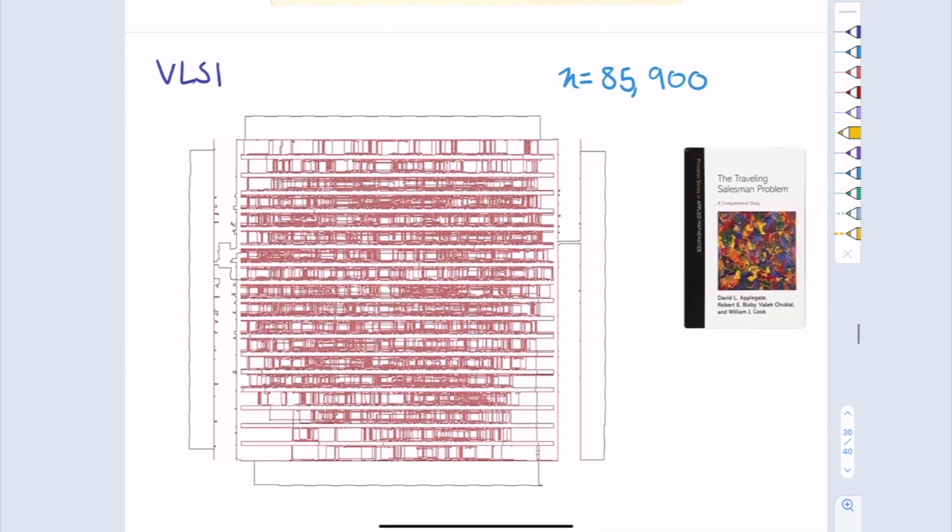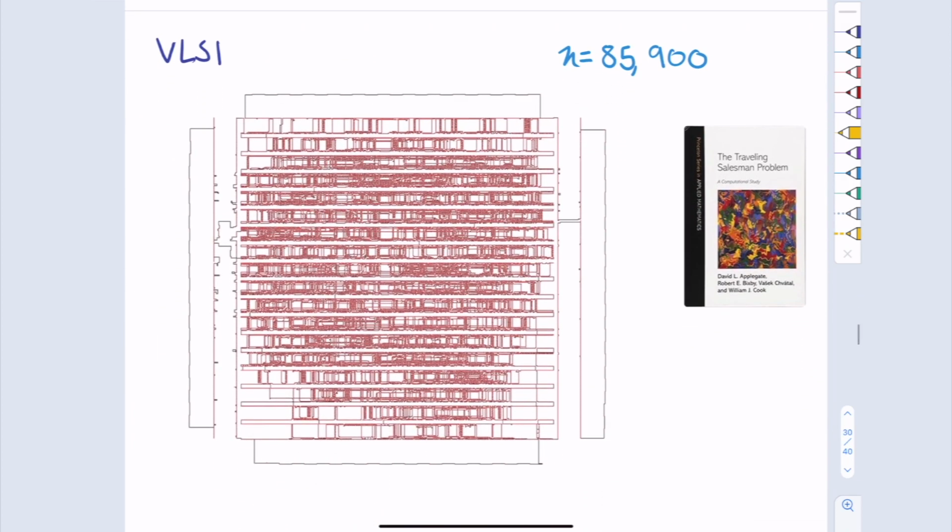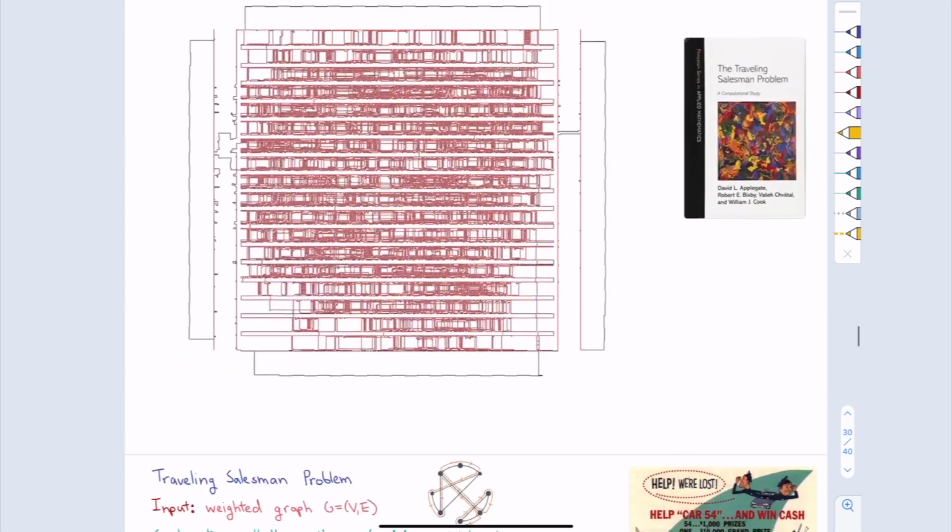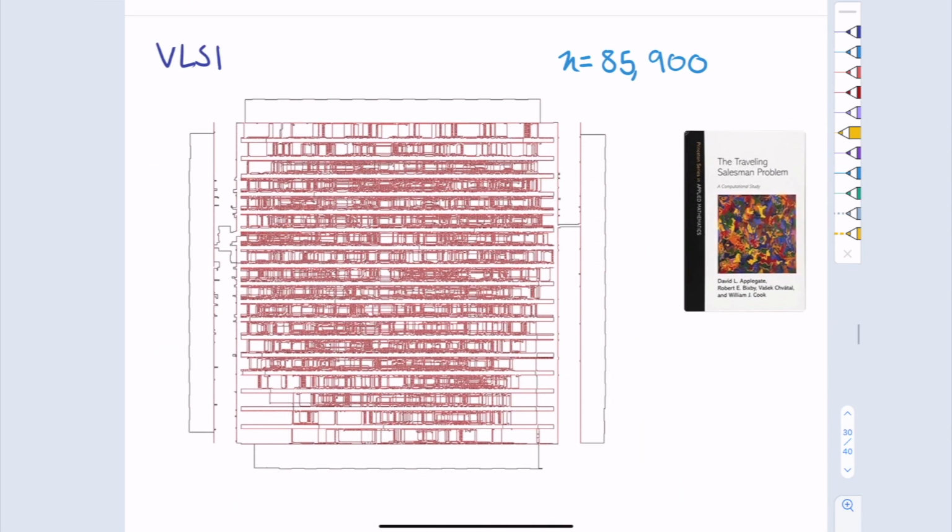So here's one application, as I understand it, from producing computer chips and chip designs. The idea is you have a wafer, right? And you have a laser that punches holes in a motherboard or some kind of surface, and it has to punch holes in various very specific places to make a chip.